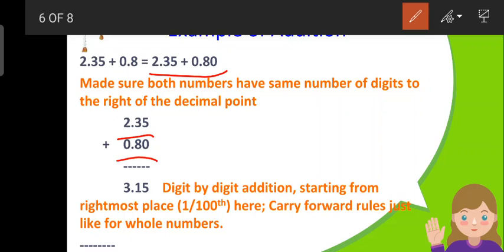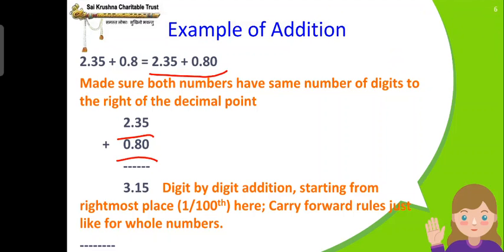And you add it just like you do for whole numbers, and you get the answer as 3.15. You have to read it as 3 point 15, it is not 3 point fifteen. After the decimal point, whichever digits are there, you have to read them separately. Is it clear, children? So this is how you add decimal numbers.